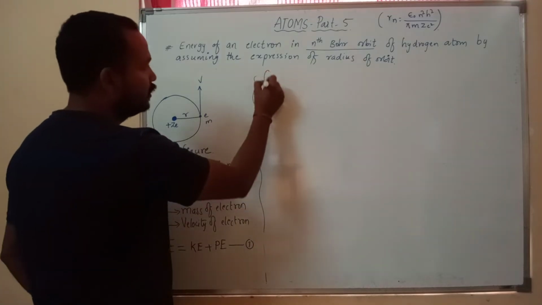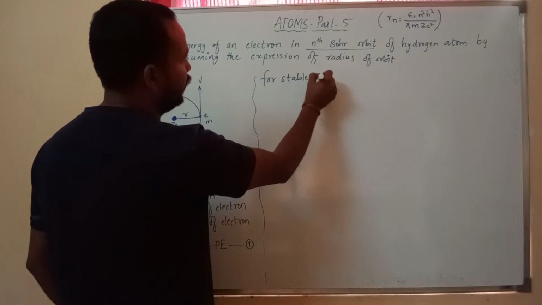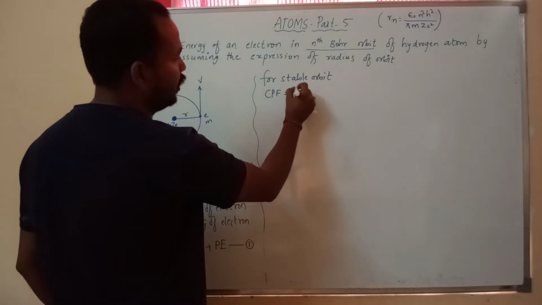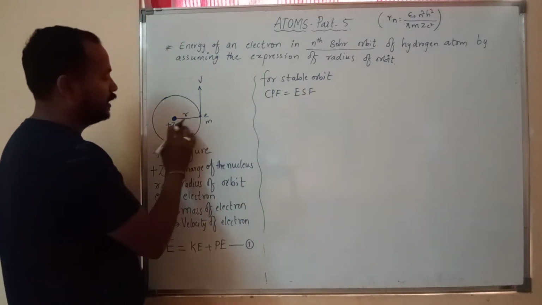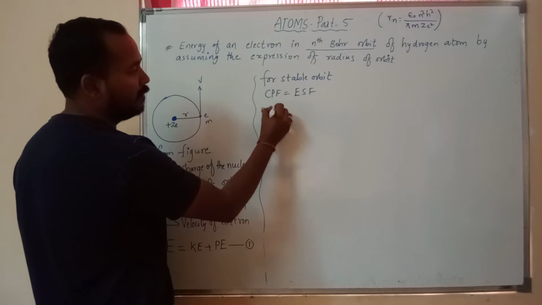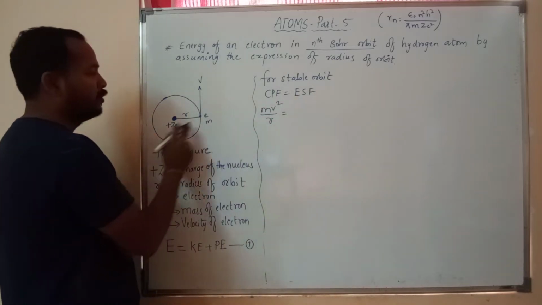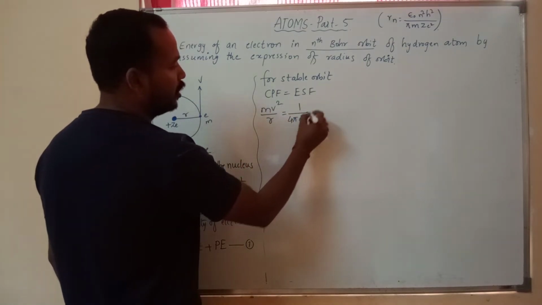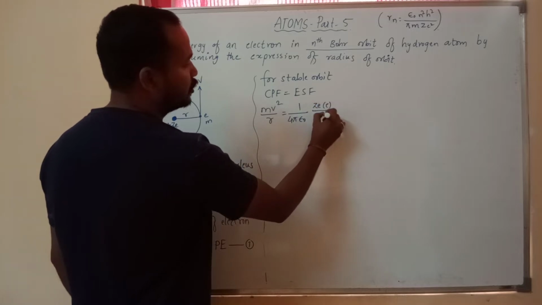Now for a stable orbit, centripetal force must be equal to electrostatic force. So what is the centripetal force here? Centripetal force is given by mv square upon r, which is equal to the electrostatic force between nucleus and electron, 1 by 4 pi epsilon naught Ze into e upon r square.